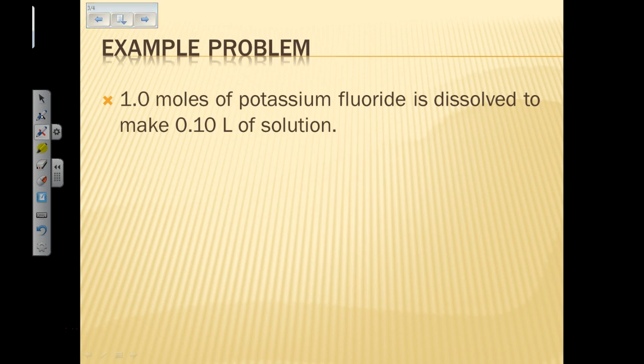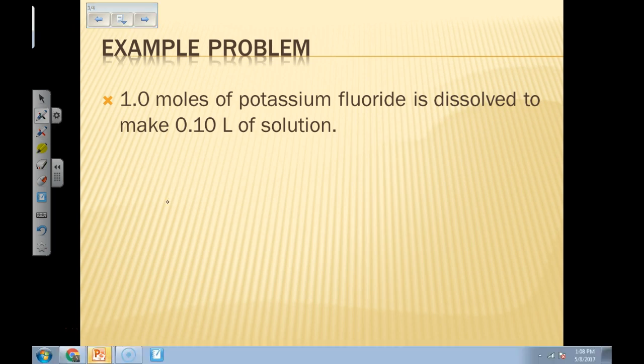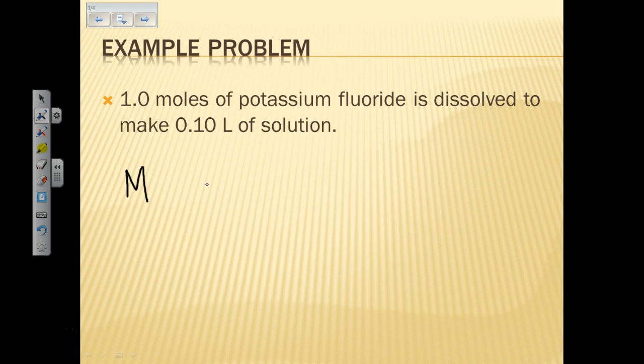So the thing to do is to set up the problem. Anytime you have a problem, I would write the formula: molarity equals number of moles over volume. In this case, we already have the number of moles, 1.0, and then it's divided by the liters of solution, which is 0.1. So this is moles here and liters here.